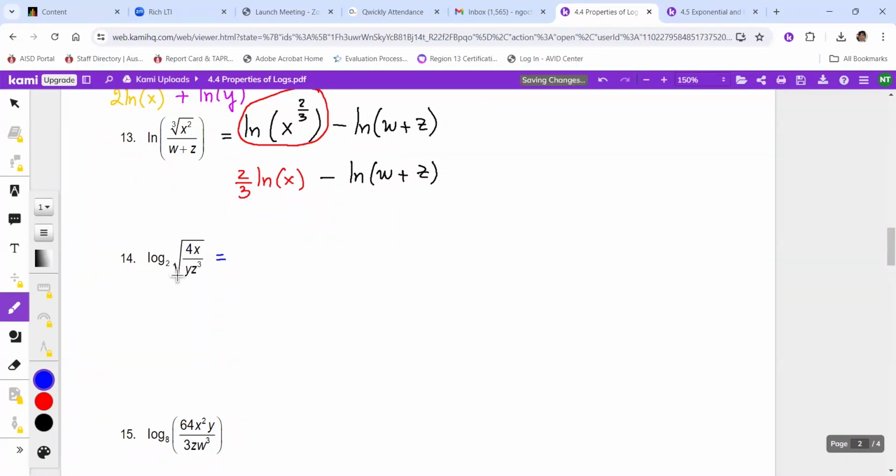I just go ahead and rewrite the square root of this rational expression as a rational exponent. I mean, we don't want to see the square root symbol.